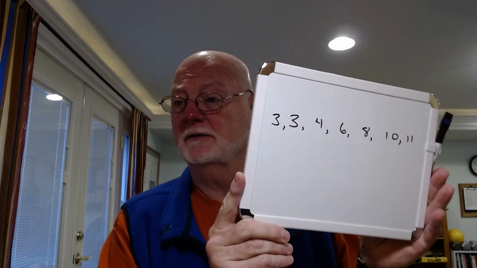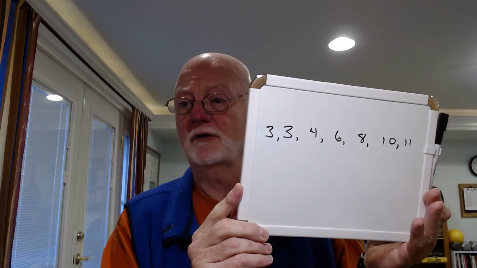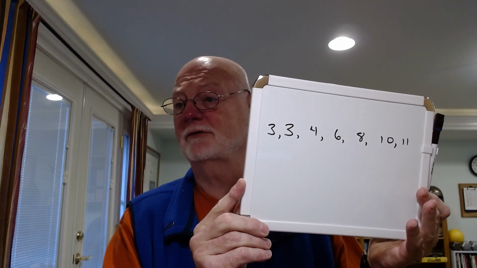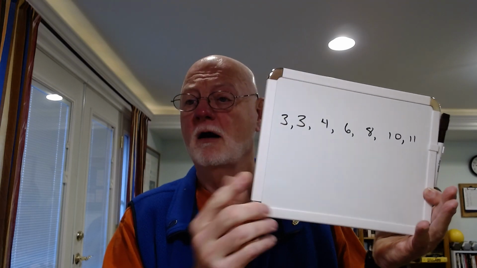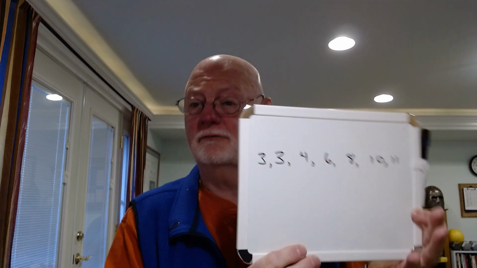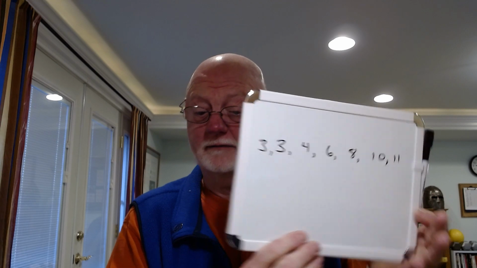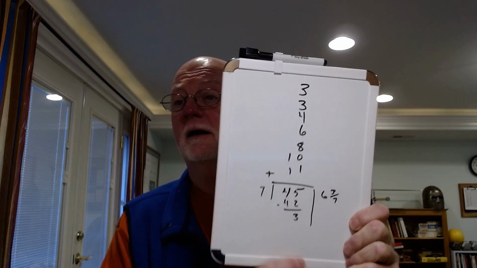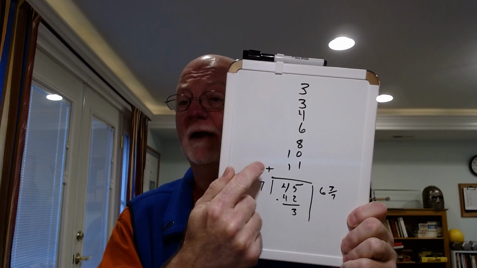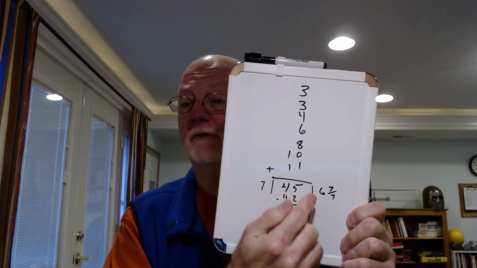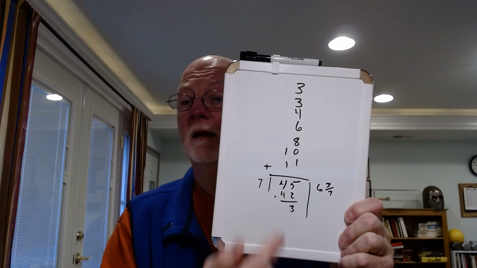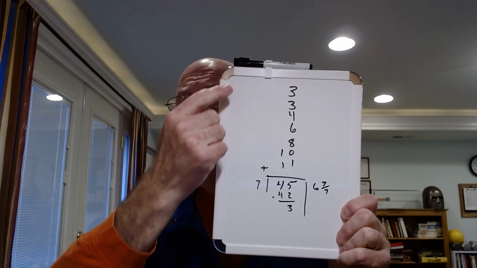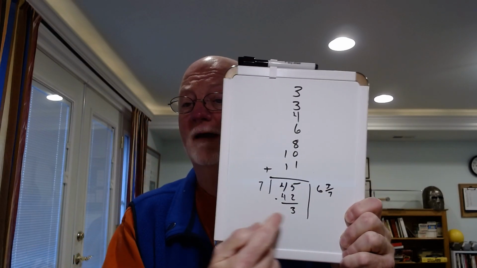If this is my data set, it's a series of numbers. There are, in this case, 7 of them. All I have to do to find the mean is to average them. I first add them all together, and in this case, my answer is 45. And then I count how many numbers. It's 7.